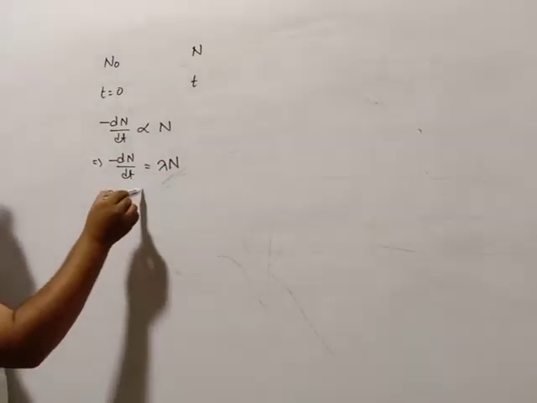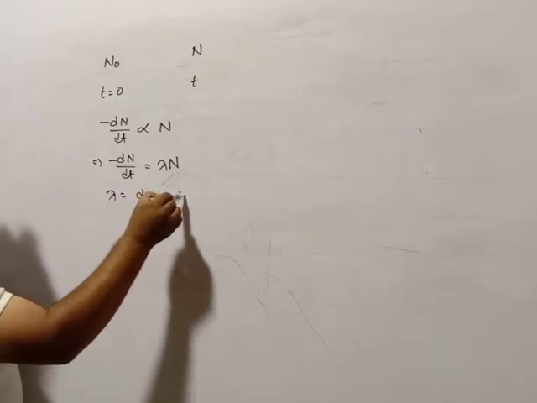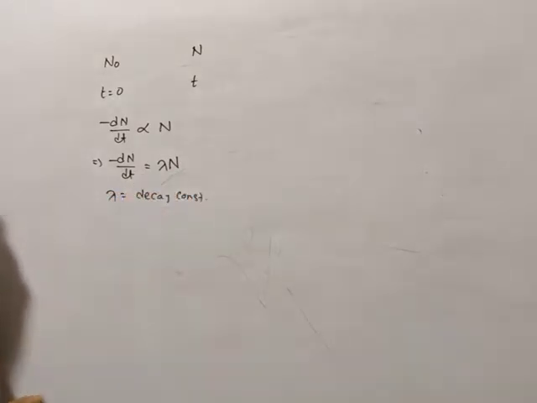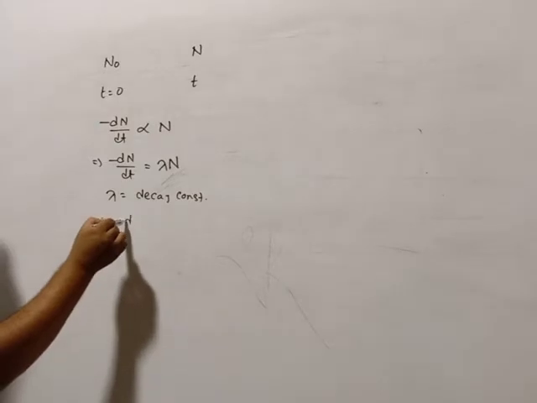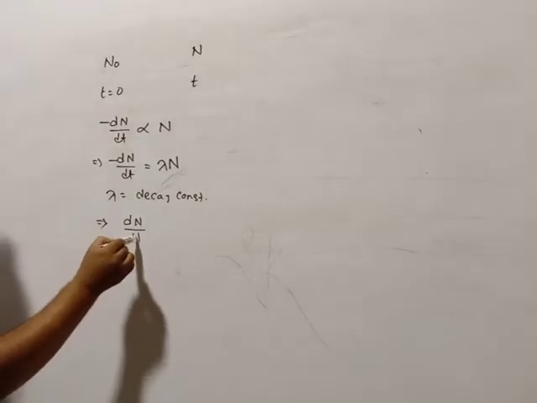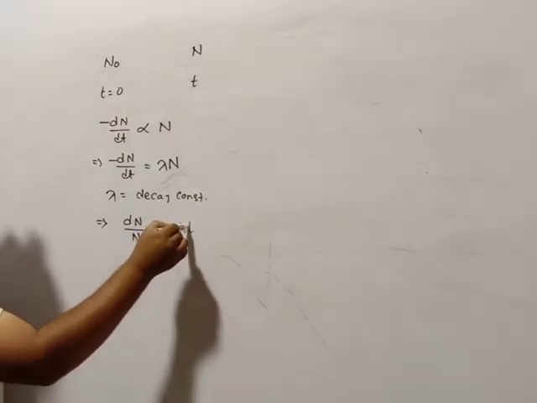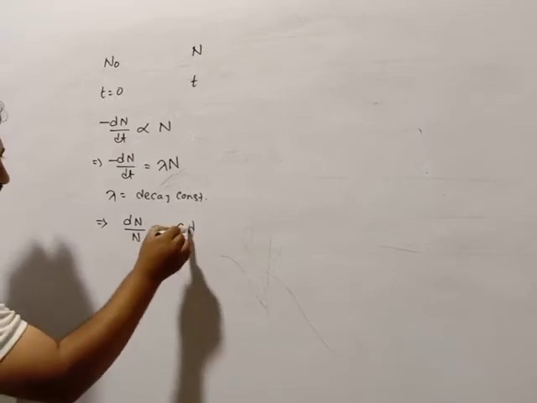This is called the decay constant or radioactive disintegration constant. So we have to solve this differential equation. We will apply the variable separable method. So we can write dn by n equal to minus lambda dt.